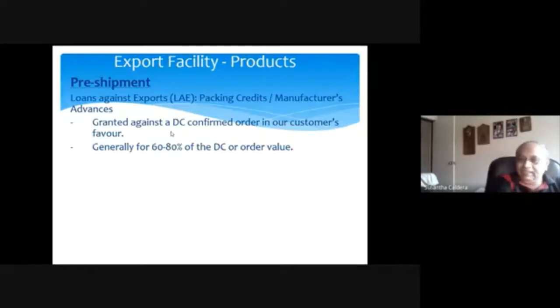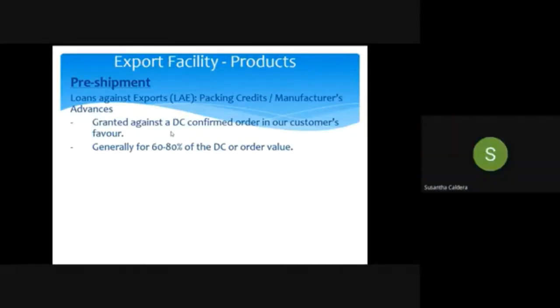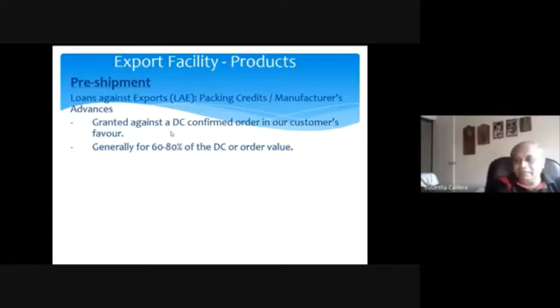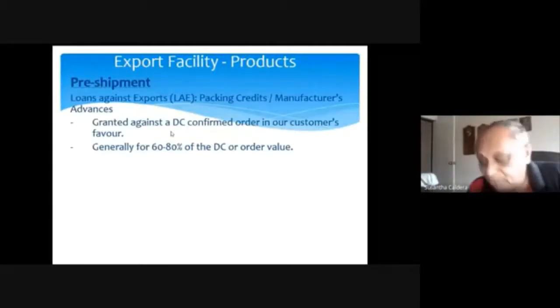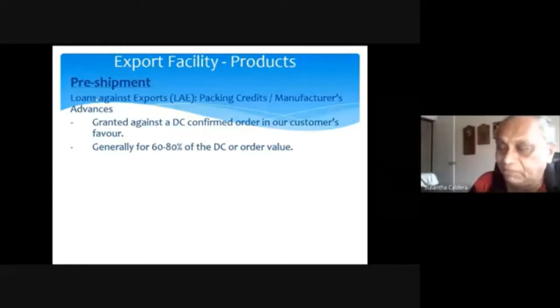Again, for pre-shipment loans against a DC, my advice is you have to have recourse to the customer. With recourse to the customer. Again, the facility with some other collateral, even a land mortgaged to the bank.